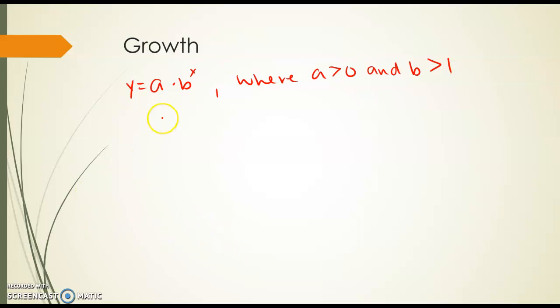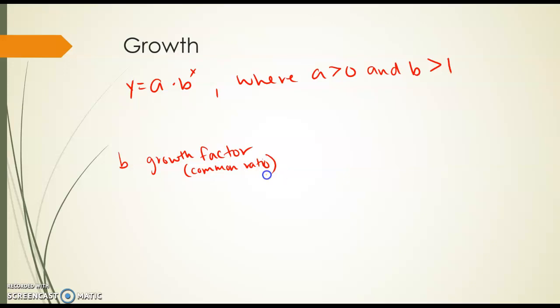The base, our b, is what we consider our growth factor, or as we referred to it in the last section, our common ratio.